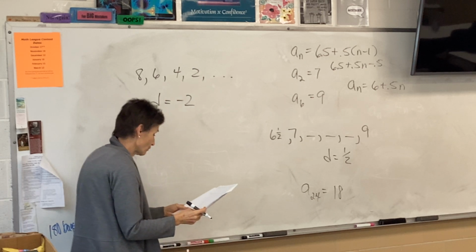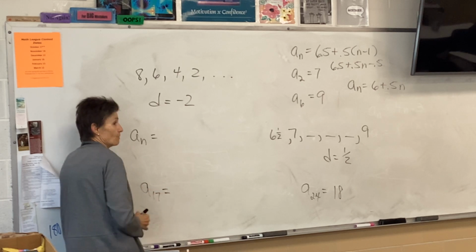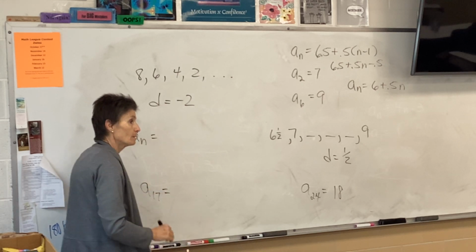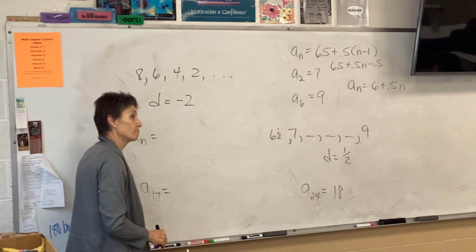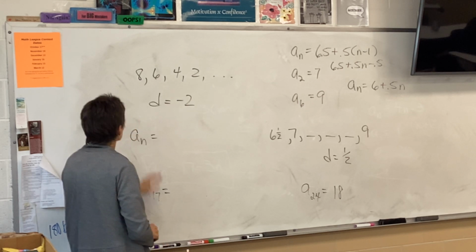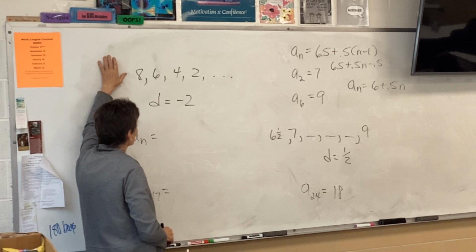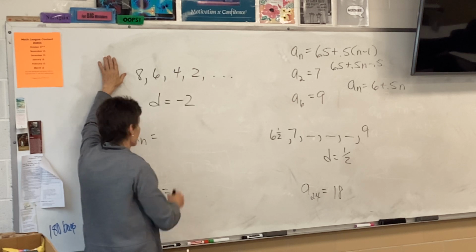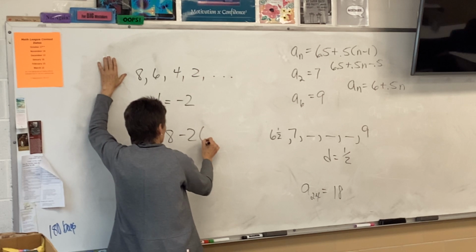Find an expression for a sub n and find the 17th term. So what do you think, Mr. Brady? You gotta find the first term, which is, alright, we already have that. And then, just set up the equation, 8 minus 2.